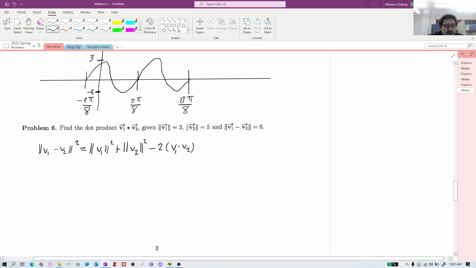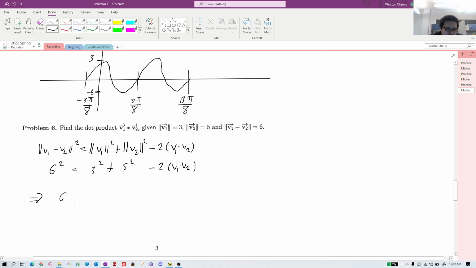Okay, and then how do we compute this? What are we after? We're after the dot product. We have all the other quantities, so we may as well plug things in right here. So 6 squared equals 3 squared plus 5 squared minus 2 times v1 dot v2, which is the thing we're after. Now we move things around.